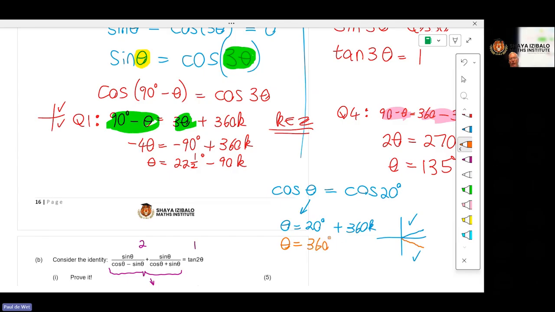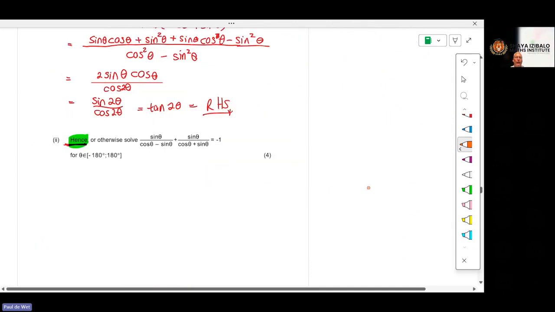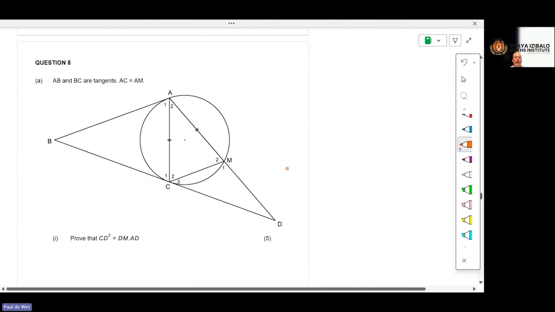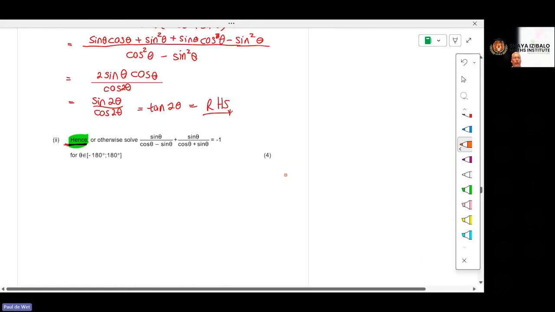So when you've got cos equal to cos, one option is that the angles are equal, and the other is that one angle is 360 minus the other angle. We will put the full set of solutions up to these questions.